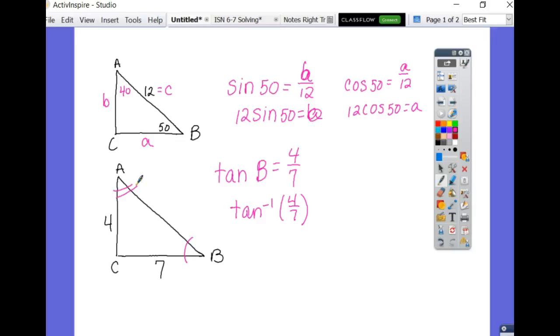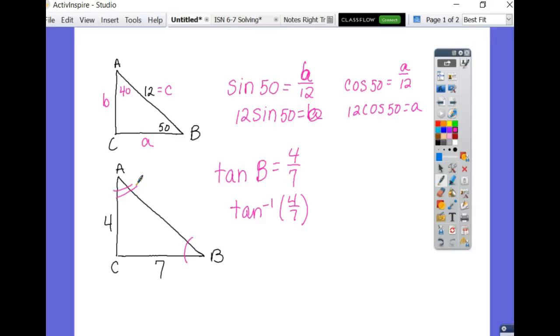Question. So why did I use tangent this time? It was the opposite over the adjacent. So this was still opposite over adjacent for angle A, right? I didn't have a hypotenuse.